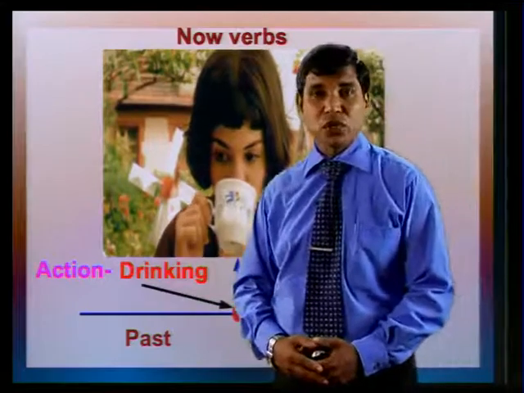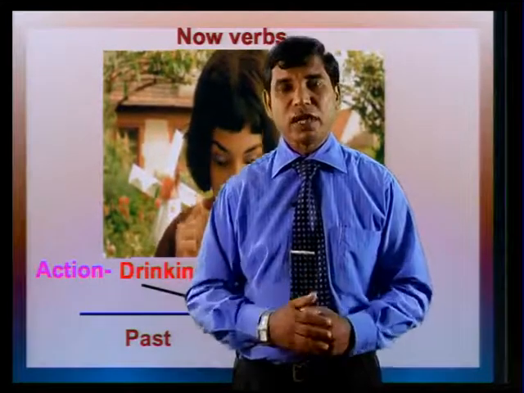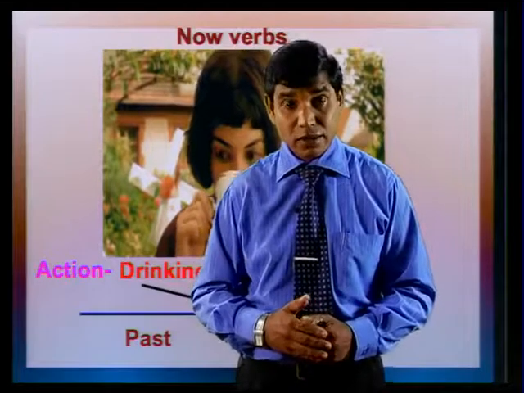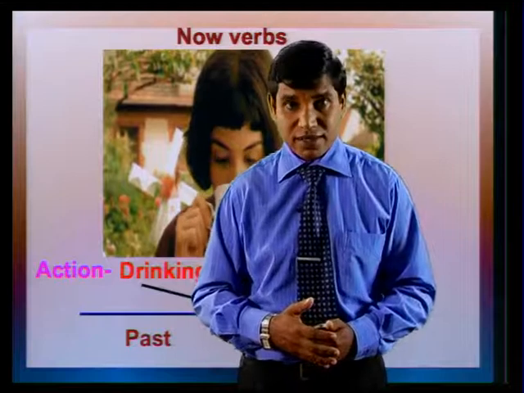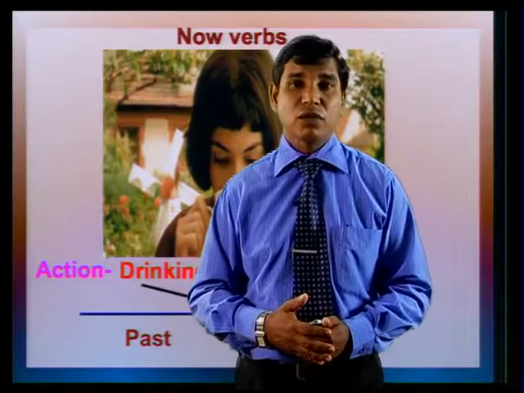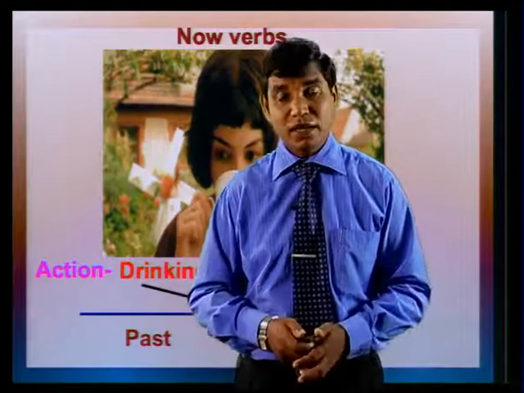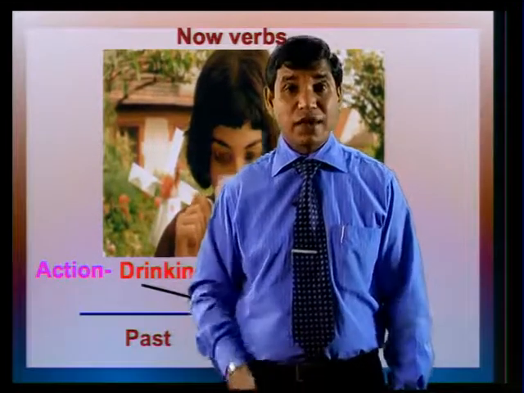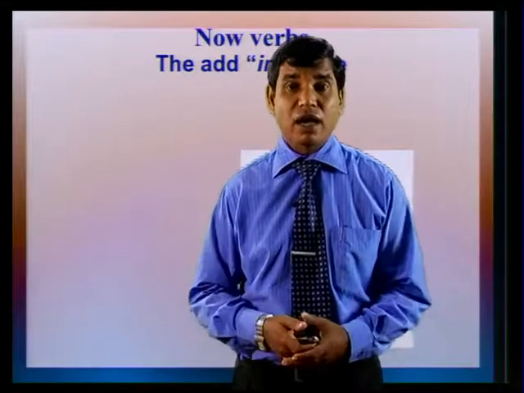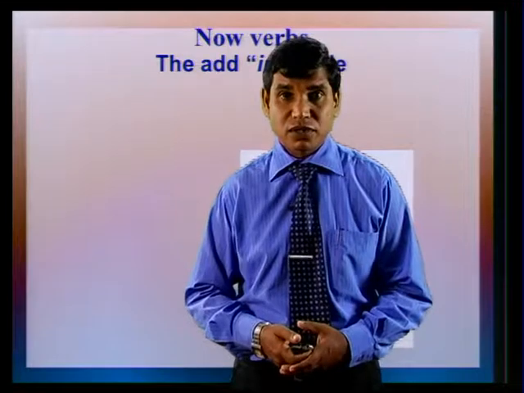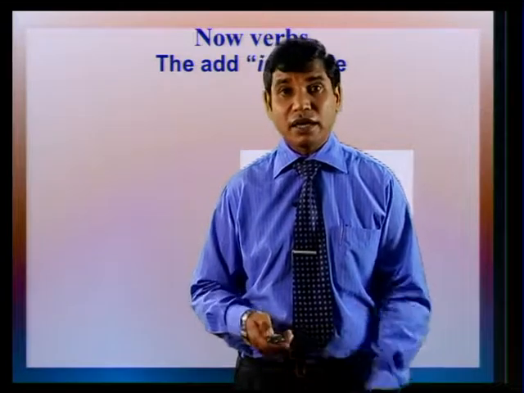So to show the action is happening now, or to show the ongoing nature of the action, we use the ing form of the verb. We can call them now verbs. Okay? Now let's try to understand some rules on making ing verbs.